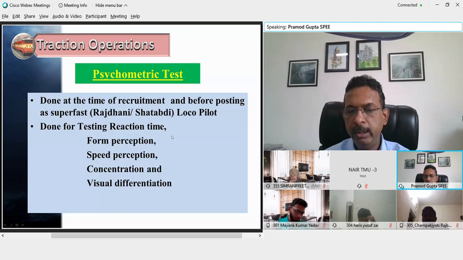The second test which is being carried out is regarding form perception. He should be able to identify the objects which are visible to him when he is performing the journey.